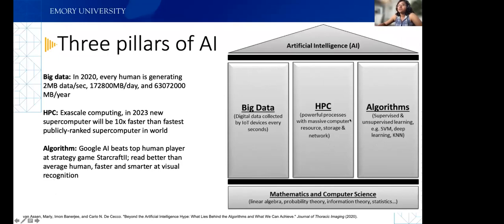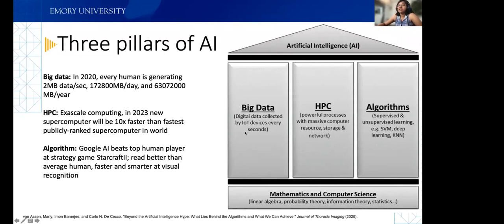If one of these pillars does not exist, this whole advancement of AI will probably fall down. Big data is a very important pillar to support this AI advancement, because in 2020, every human was generating 2 megabytes of data per second. So you can imagine how much data they are generating per year.